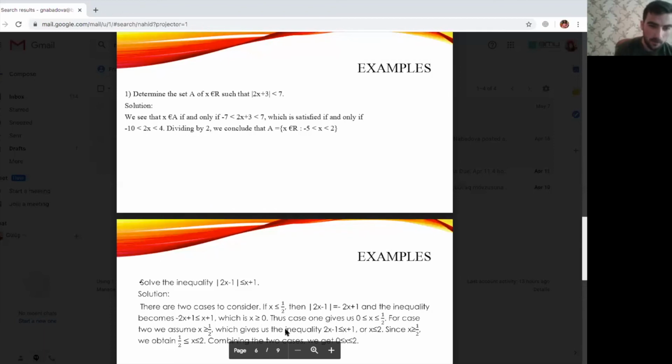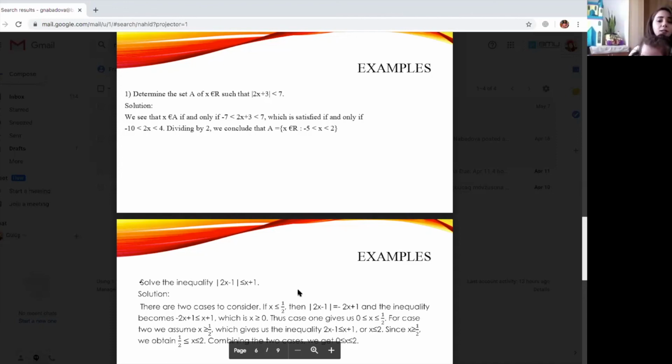Solution: we see that x is in A if and only if -7 is less than 2x + 3, which is less than 7. This is satisfied if and only if -10 is less than 2x, which is less than 4.